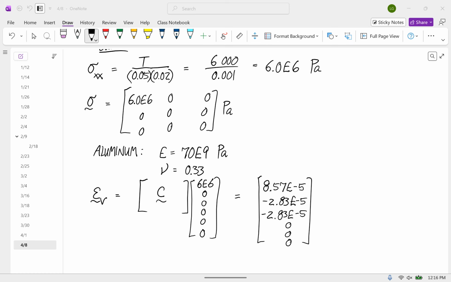Why is it that we have strain in 3 directions? What's the name of that phenomenon? Or mathematically, what causes it? We're multiplying with the compliance matrix. So yeah, you get it from multiplying by the compliance matrix, and it's called the Poisson's effect.